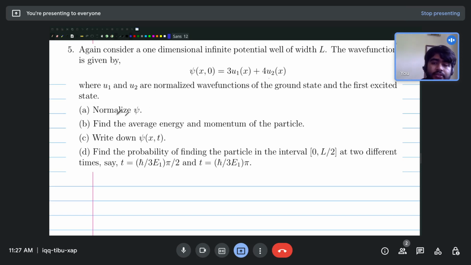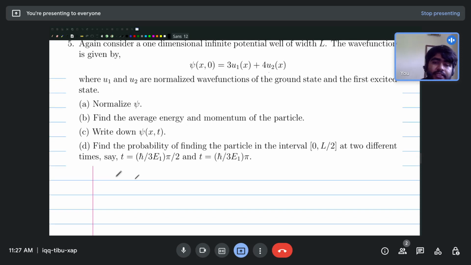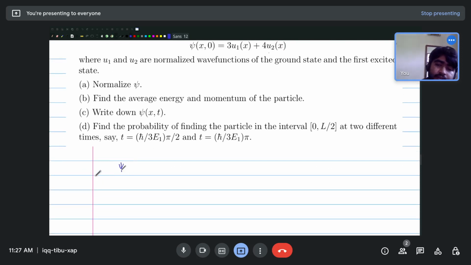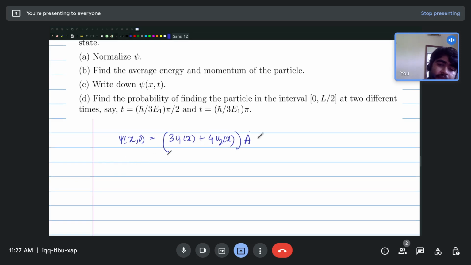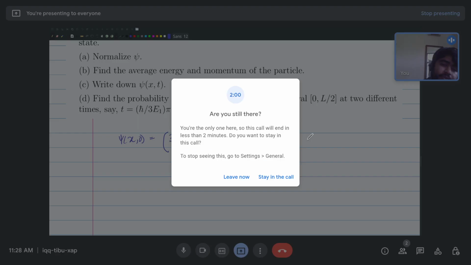As the first question suggests, let's look at how to normalize this. psi(x,0) is written as A times (3u1(x) plus 4u2(x)). I add a factor A so that I can find the value for which this wave function will be normalized. Then what I need to calculate is |psi(x,0)|^2.